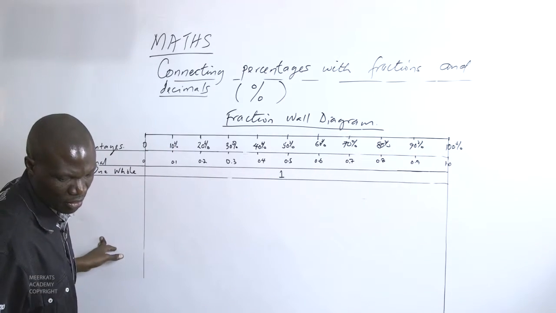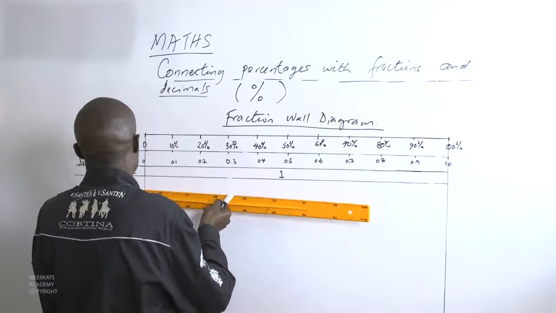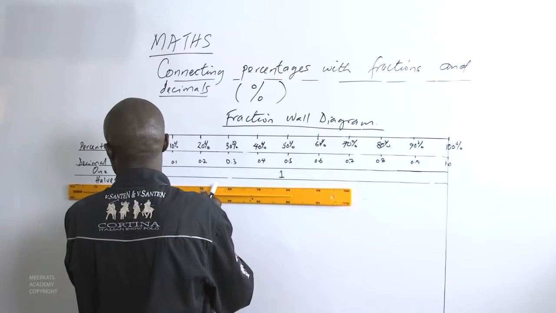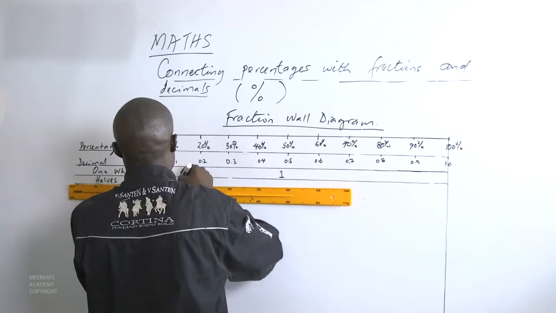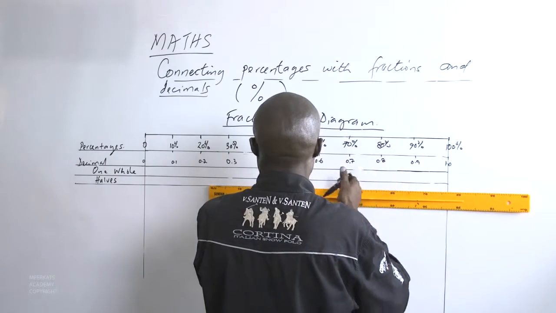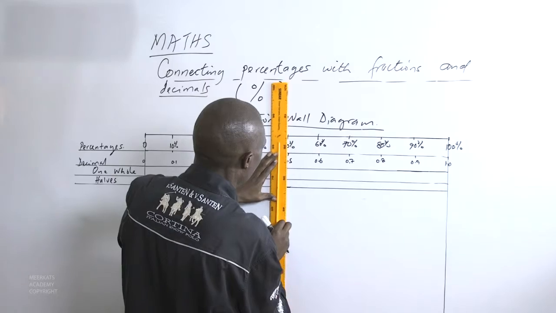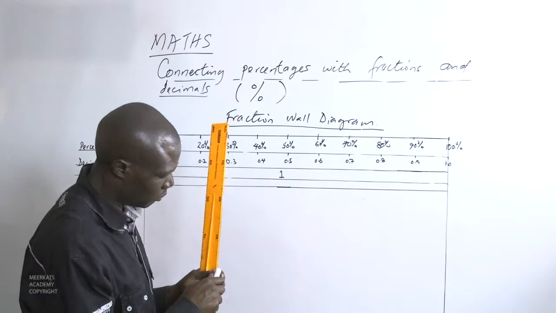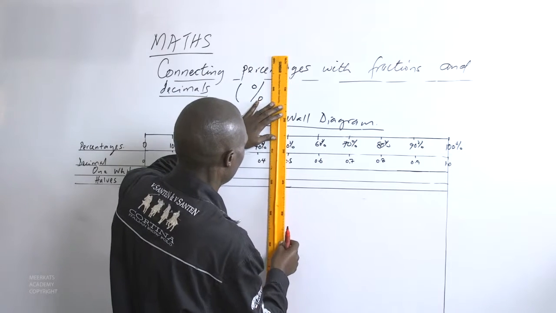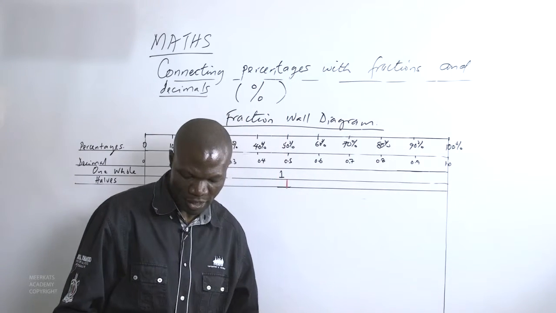If we have halves, then we can also represent halves. Now we have halves there.